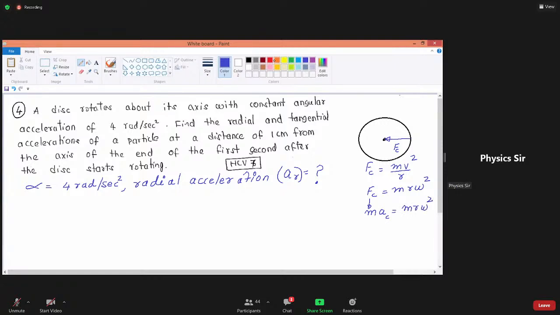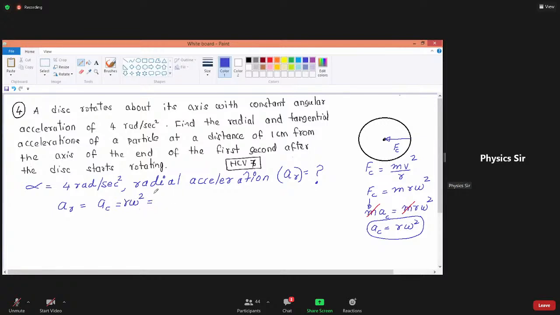So this m from both sides gets cancelled and I can say the centripetal acceleration will be r omega square. बेटा ये centripetal acceleration को ही बोलते हैं रेडियल एक्सेलरेशन. So the radial acceleration is the same as the centripetal acceleration, that is r omega square.